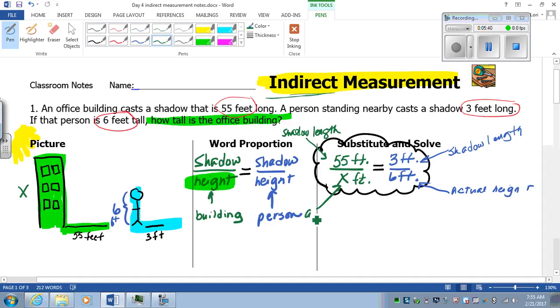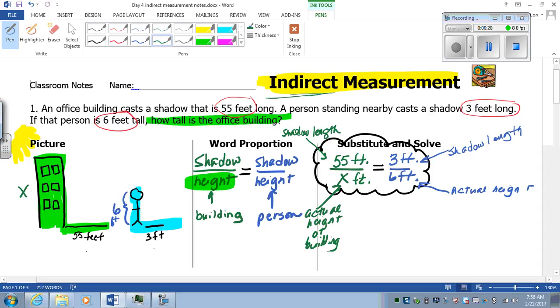X is going to be the actual height of the building. So now we have a proportion because we have length going across the numerators, the shadow lengths 55 and 3. And across the denominators, we have actual height. X is the actual height of the building. 6 feet is the actual height of the person standing nearby the building. At this point, we just need to solve for X.